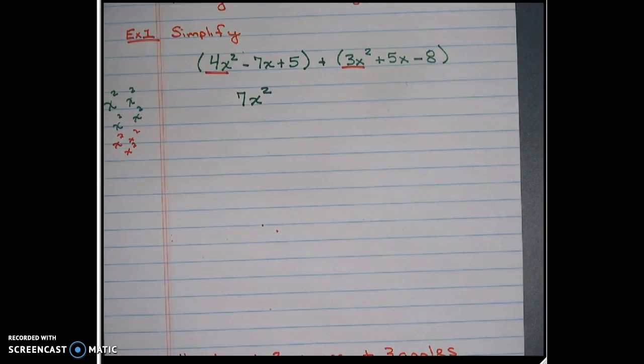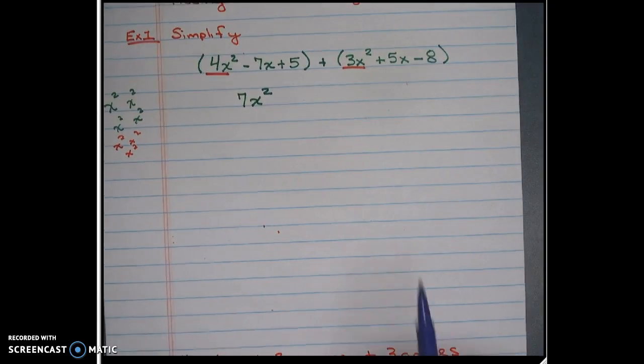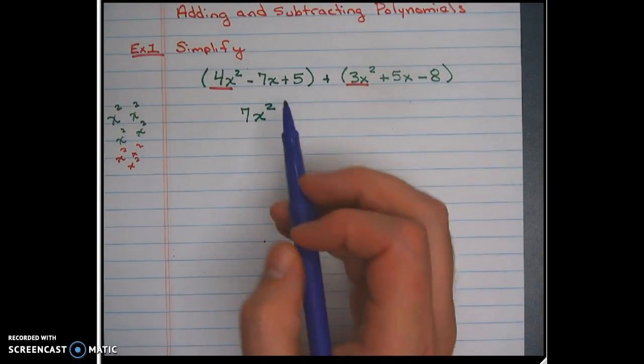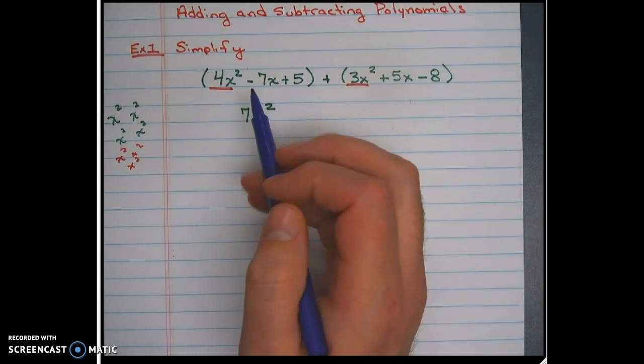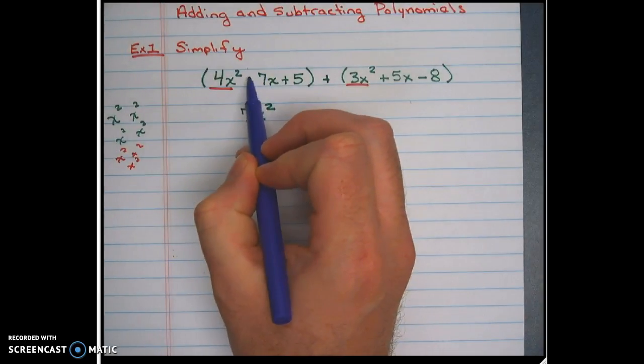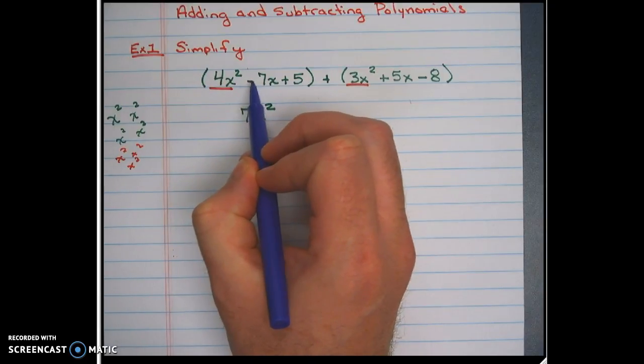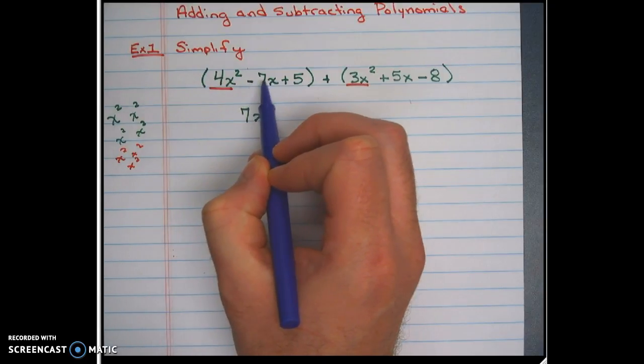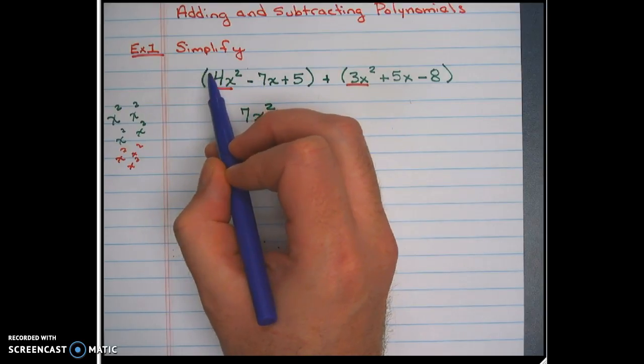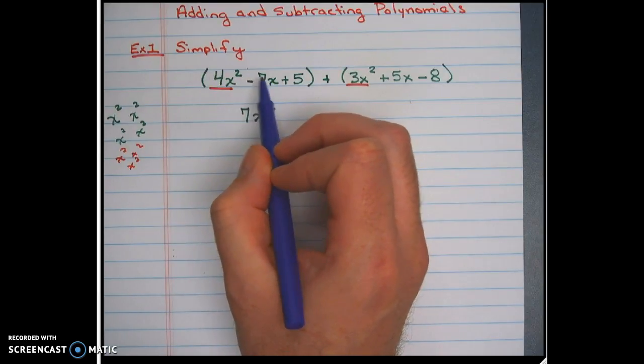If I keep going then, I would look at the next things I have. And again, most of it's about reading. When I read this, I have negative 7x's. So the sign in front tells you a lot. The sign in front tells you how many of them you have. Here, this was positive, and in this one, it's negative. So I have negative 7x's.